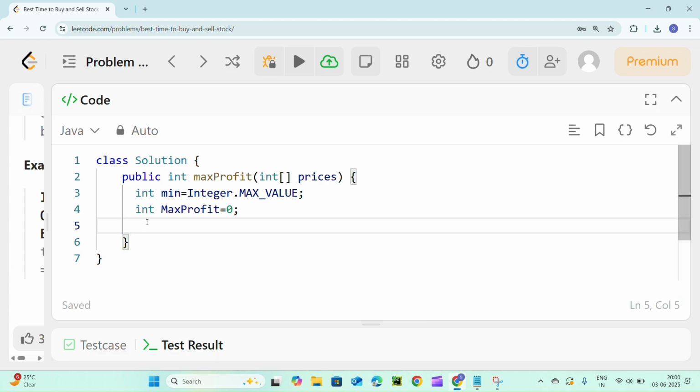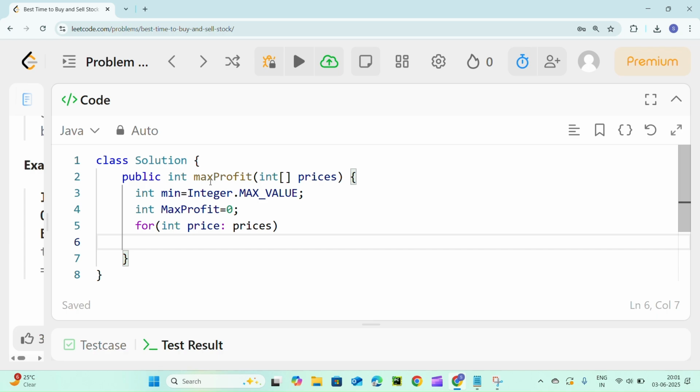Okay, here I am not taking the regular method, int i equal to 0, not like that, because we are taking days, not index values like 0, 1, 2, 3, 4. We are taking as 1, 2, 3, 4, 5. So that is the reason I am taking int price : prices.